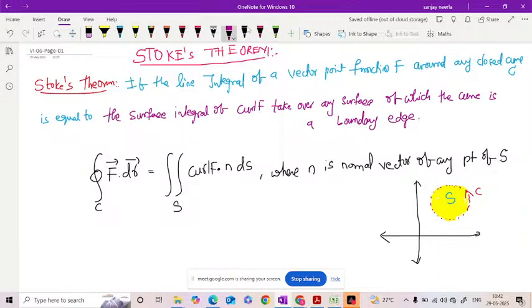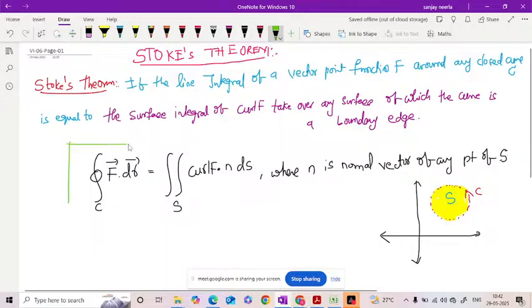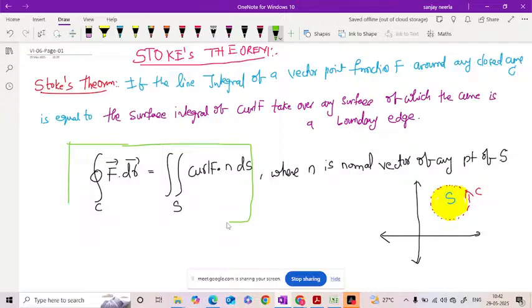Or mathematically we will write the line integral of f dot dr is equal to the surface integral of curl f dot n ds. And here the ds may be related to the xy plane or xz plane or yz plane.